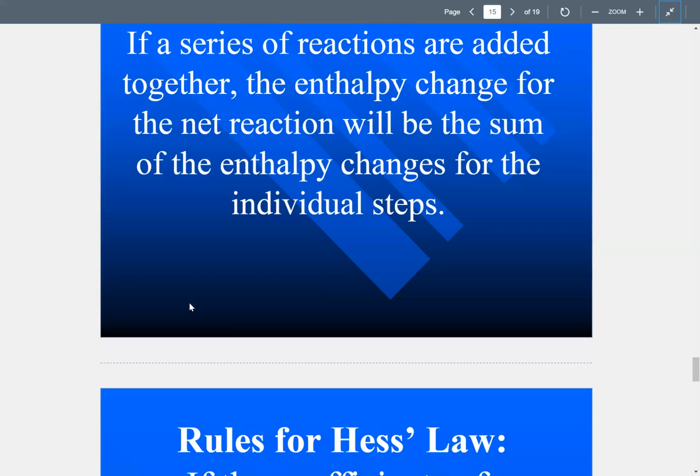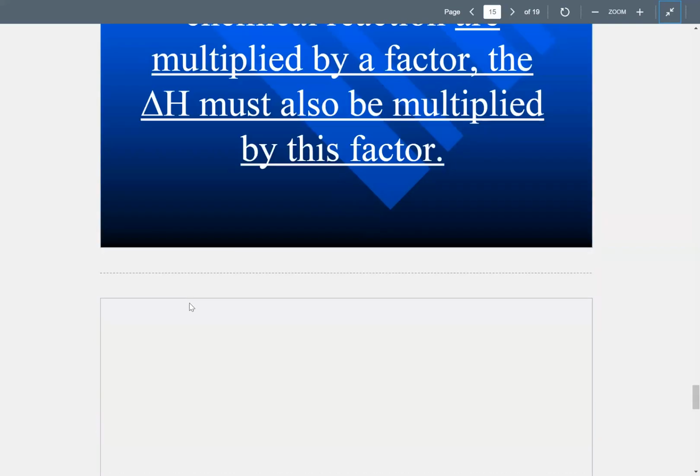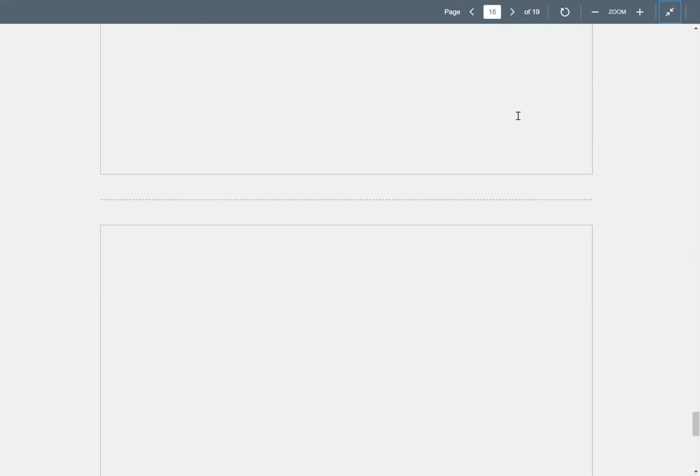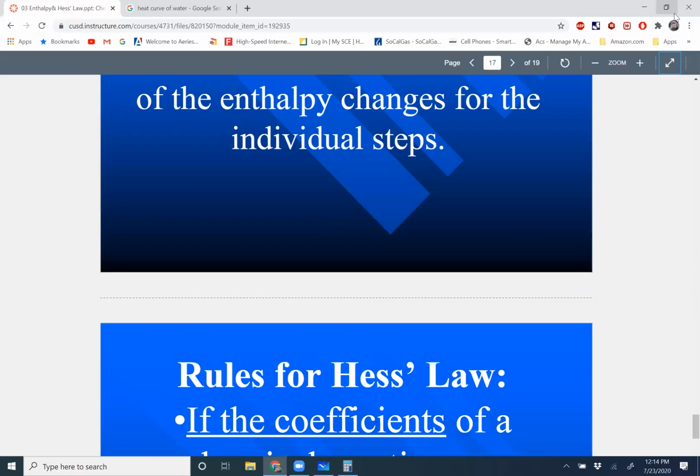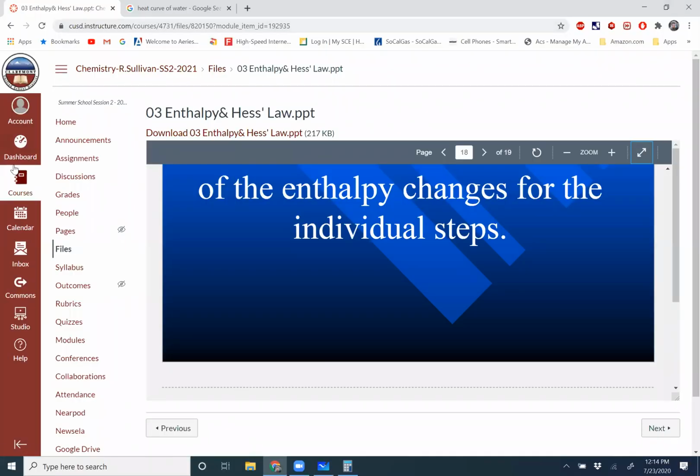Now, for the sake of Hess's law, for this year, even though it's on your homework, I'm not going to put it on the test. So don't worry about doing Hess's law or the classwork.